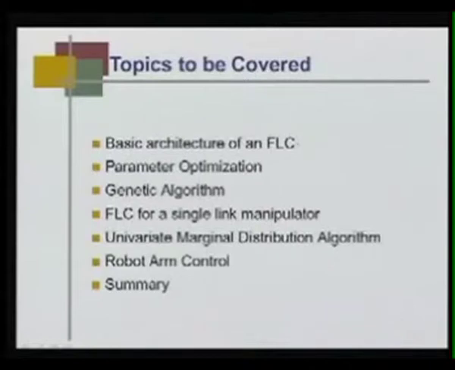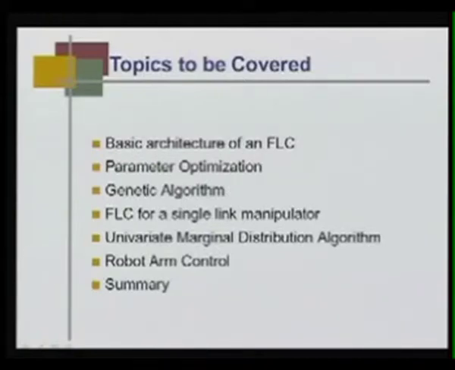So, today we will be discussing the Mamdani type fuzzy logic controller and parameter optimization. The basic architecture of a Mamdani type fuzzy logic controller we have already discussed in the second module on fuzzy logic, but we will just revisit that. The issue always with Mamdani type is how do we optimize the parameters.